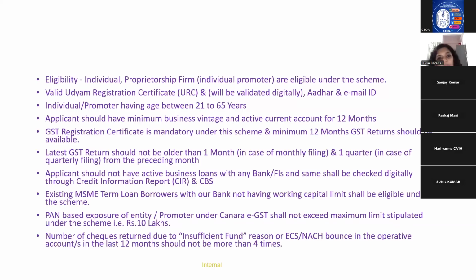Applicant should have minimum business vintage and an active current account for the past 12 months. GST registration certificate is mandatory under the scheme, and minimum 12 months GST returns should be available. Remember, they should have a proper current account for the past 12 months.